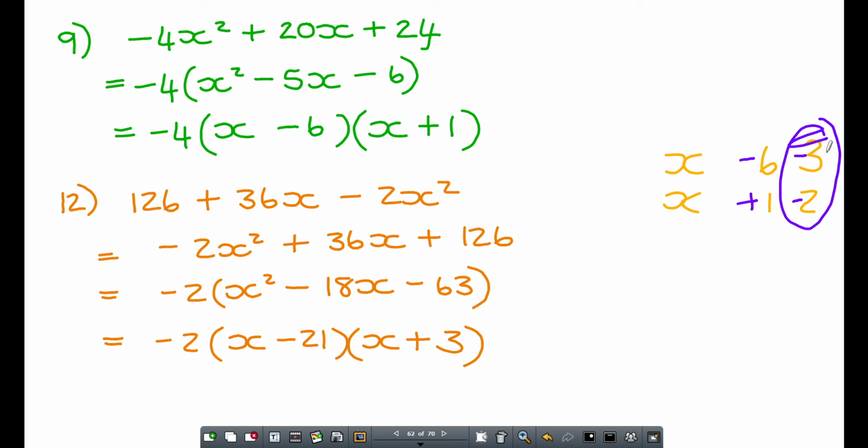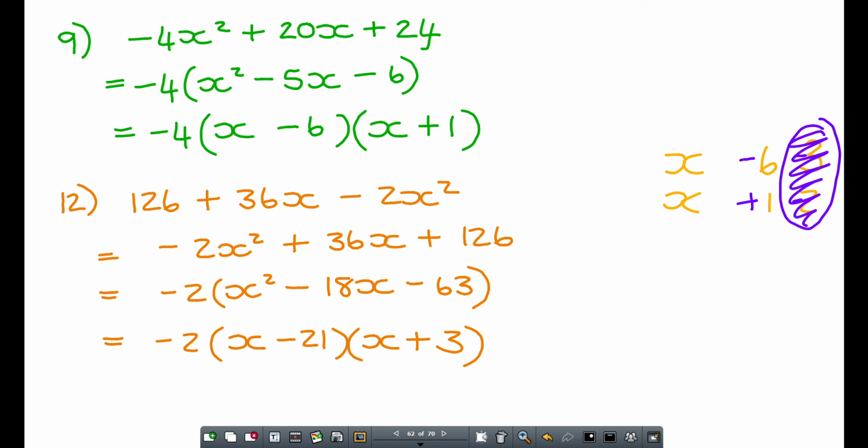Signs are the same. So that is why we use the minus 6 plus 1. Okay, so even though both of those options still gave me this minus 5x, it's because of the signs that I decided we must use that one. You guys get that? Okay, we spoke about that yesterday as well.